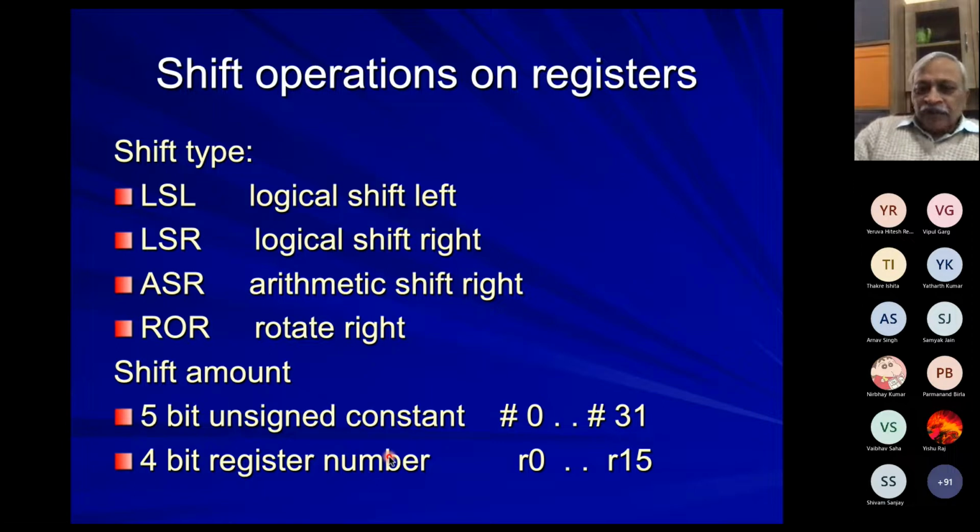Of course, a register would be 32 bits, and making a shift of more than 32 doesn't make sense. So basically, when you are using a register to specify shift amount, only the rightmost 5 bits are relevant. Inside the register, 5 bits are relevant, others get ignored.